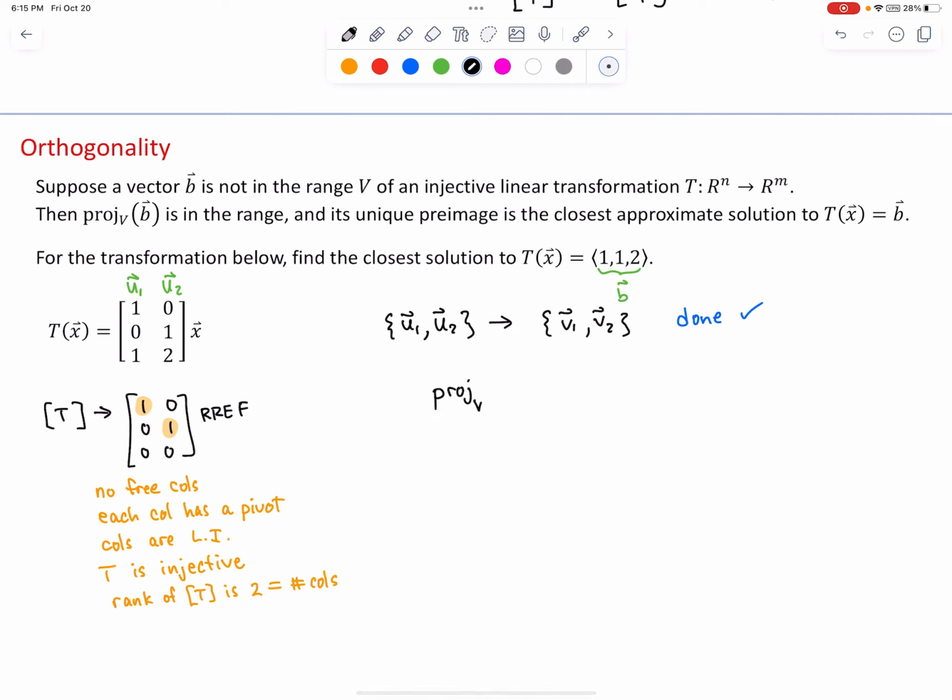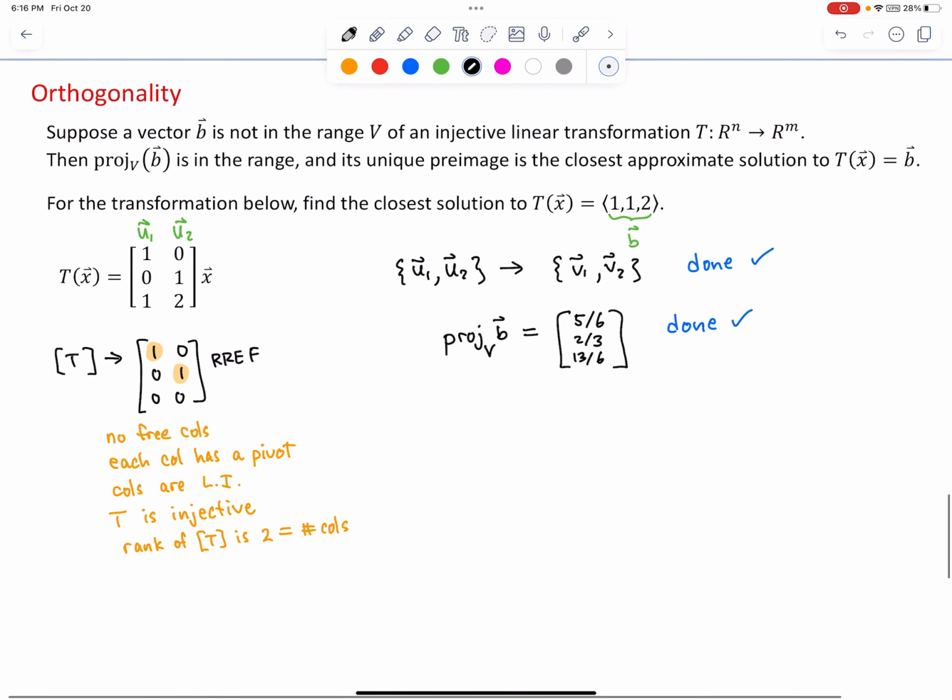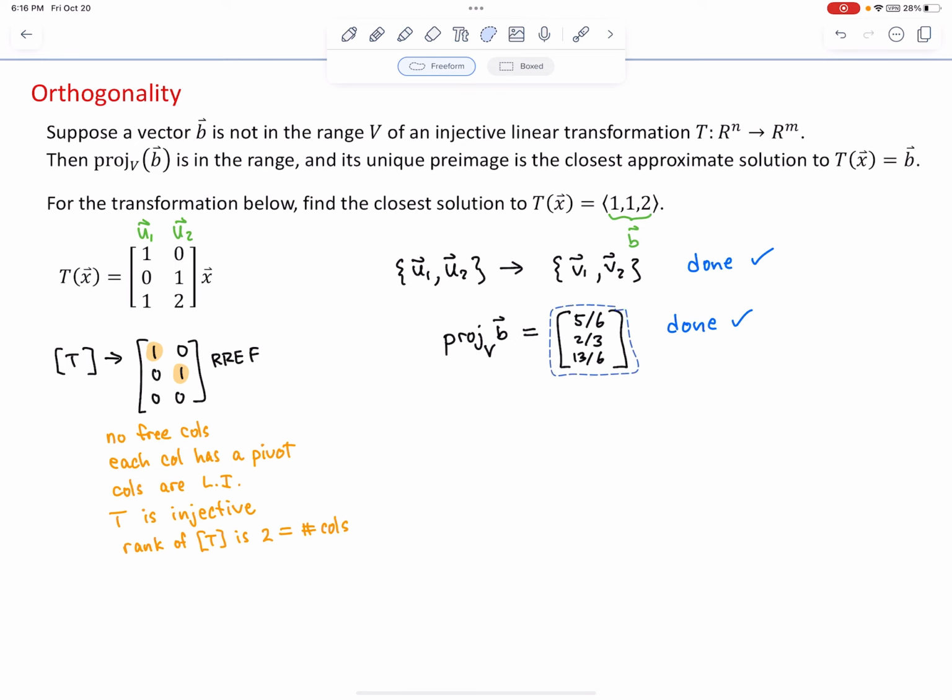We're calling the range capital V, just to keep it short, and we'll project our output vector b onto the range, and the work we did before gave us the projection vector (5/6, 2/3, 13/6). This work was done on the previous page. But now we're going to go back to our transformation, back to u1, u2, and figure out what linear combination of these original vectors, u1, u2, will lead to this projection vector.